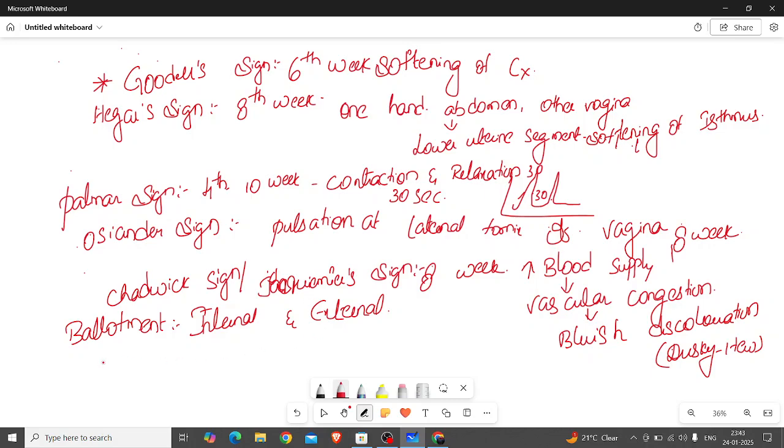Then the other one, uterus height enlargement will be seen. Based on this uterus height enlargement, we can easily identify how much the uterus has grown and at which age.